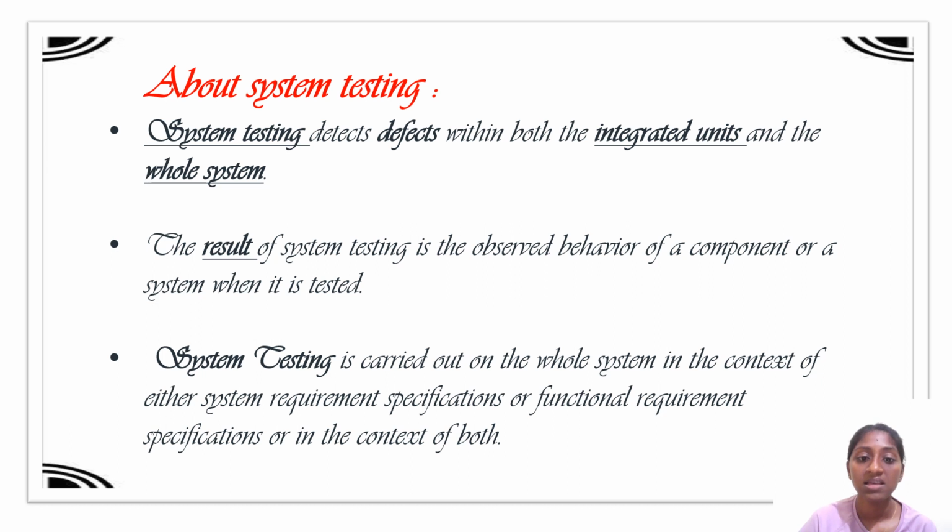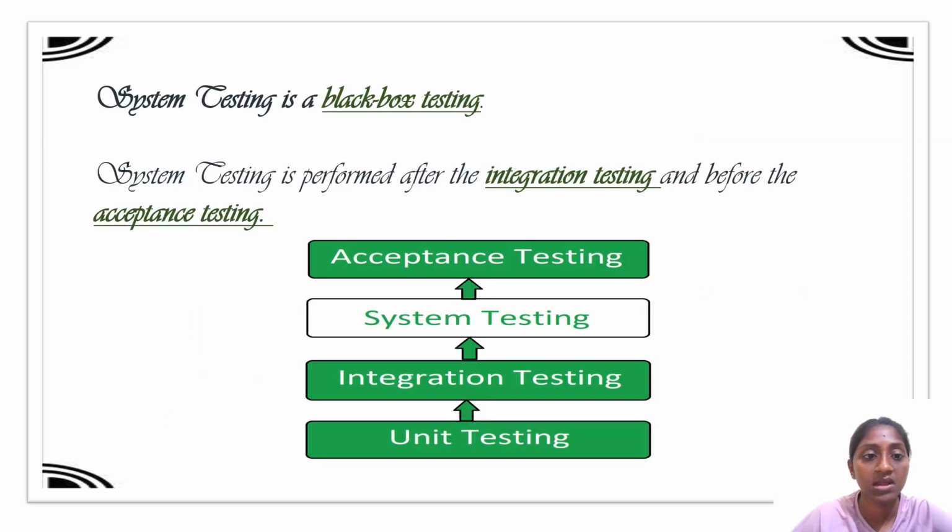System testing is carried out on the whole system in the context of either system requirement specifications or functional requirement specifications, or in the context of both. System testing is a black box testing. System testing is performed after the integration testing and before the acceptance testing.